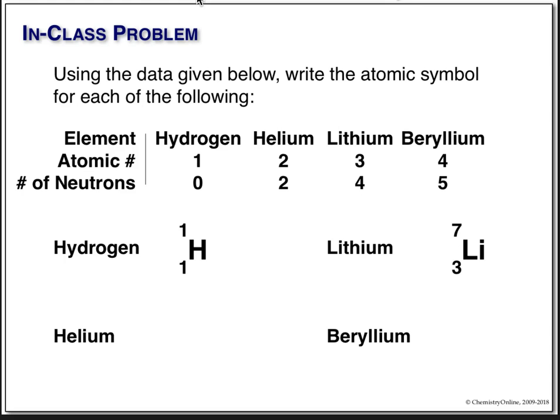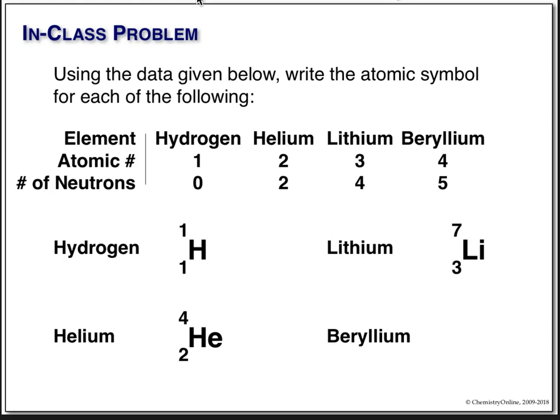Helium, atomic number is 2, symbol is He, so our subscript is 2. Typically, it'll have 2 neutrons, so the mass number is 4, and we write it this way. And beryllium, our symbol is Be.